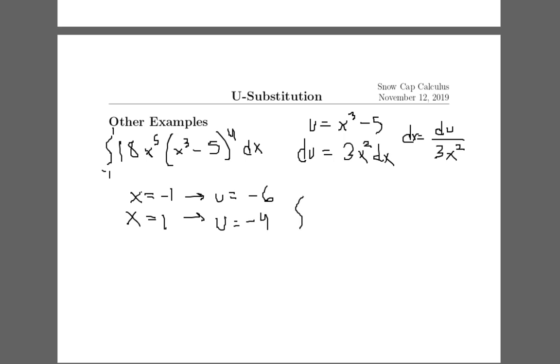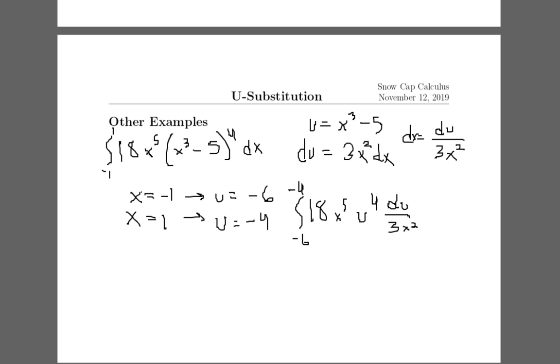So our integral would be from -6 to -4 of 18x to the 5th times u to the 4th times du over 3x squared.